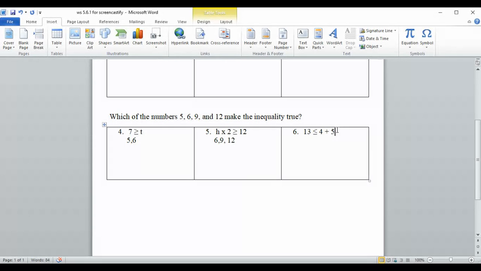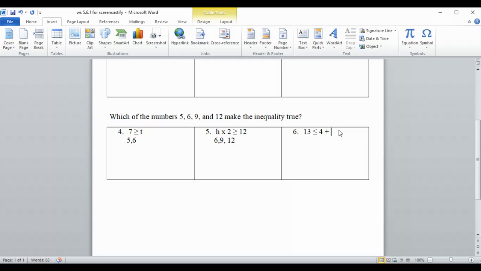It's not less than 9, so 5 is not going to work. All right, and then we're going to put 6 in. What is 4 plus 6? It's 10. 13 is less than or equal to 10. That's not true. 13 is not less than 10 or equal to 10.